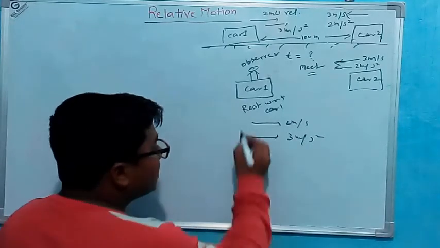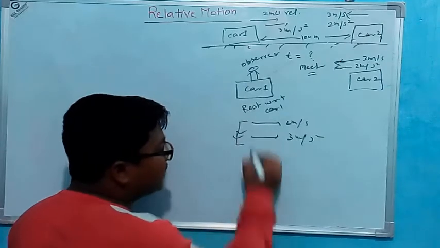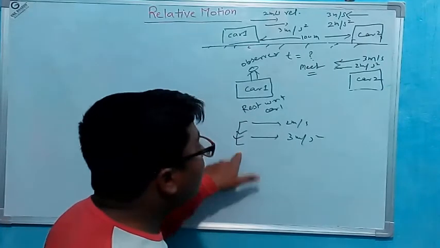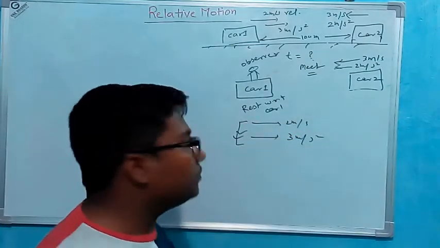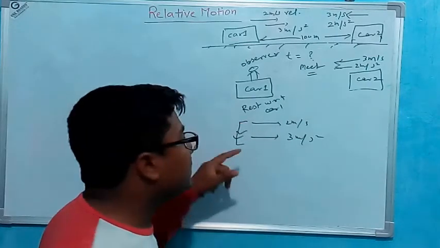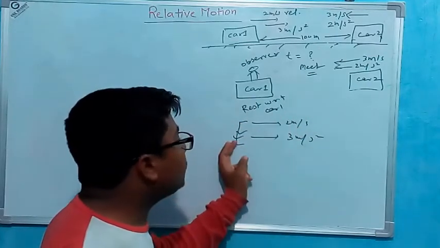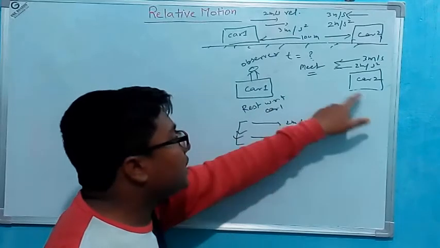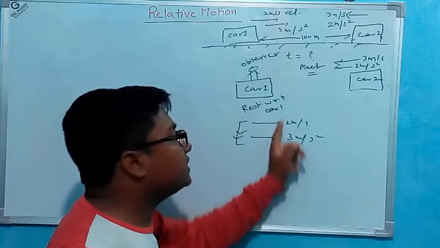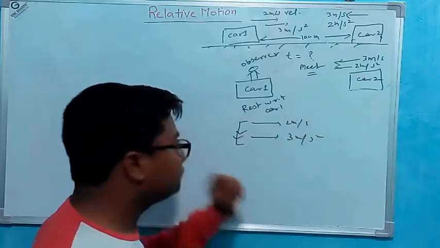We will see these velocities and acceleration in car 2 relatively because we are seeing relatively. Then the relative velocity is seen in car 2 and relative acceleration will be seen in car 2.